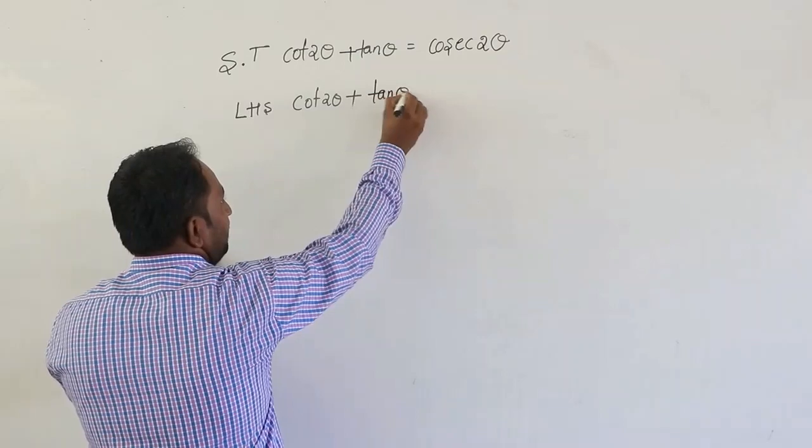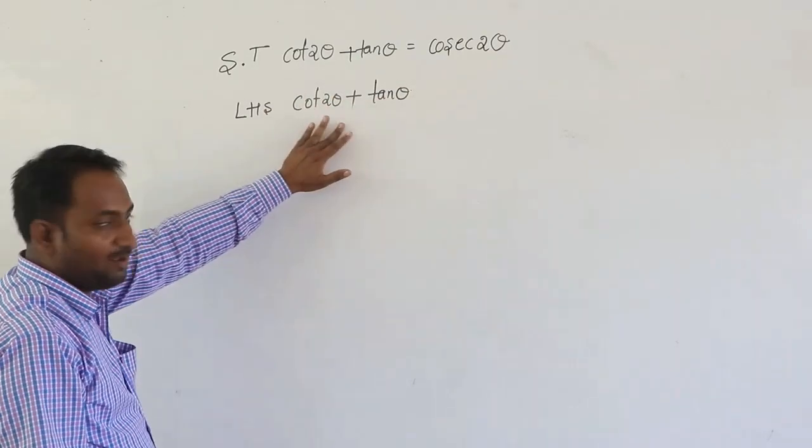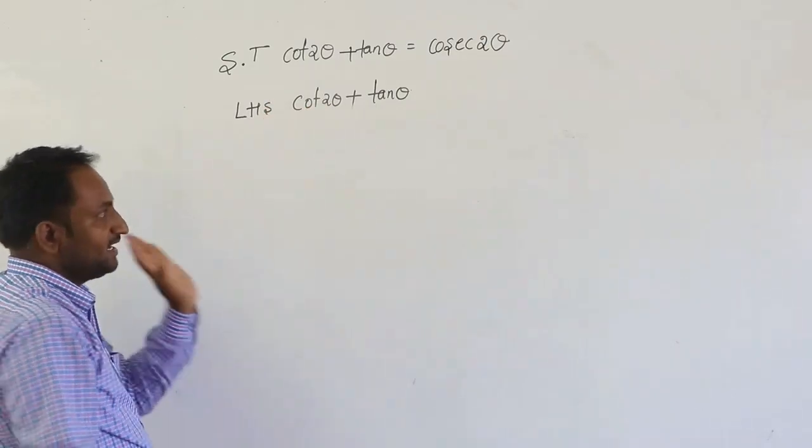We know the formula: cot theta means cos divided by sin theta.